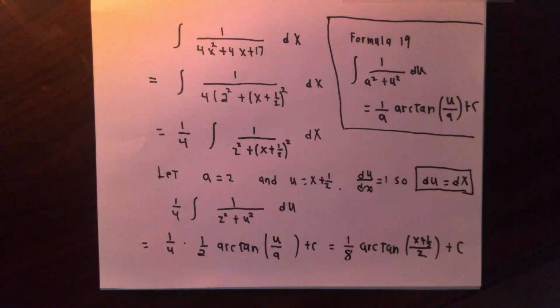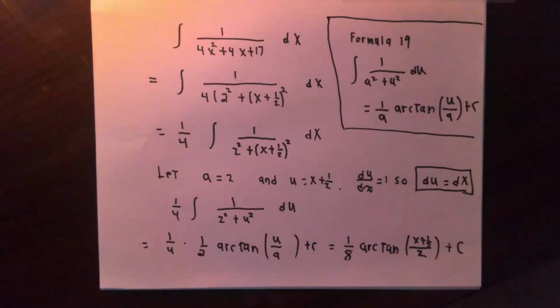Letting a equal 2 and u equal x plus 1/2, this turns into this integral to do, which, using formula number 19, is straightforward as the 1/4 that I had outside the integral times 1 over a, 1/2, arctan u over a. Altogether, this is 1/8 arctan of x plus 1/2 over 2 plus a constant.